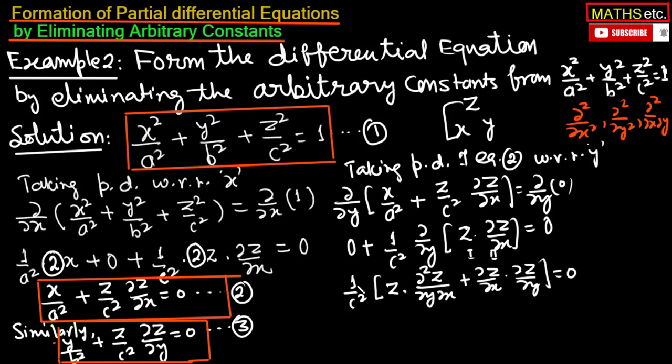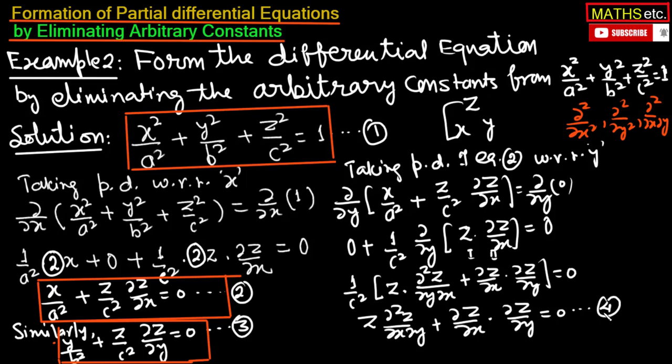Okay, now we multiply throughout by c square, and this becomes z del square z over del x del y. We know that in mixed derivative in general the order does not matter, and plus del z over del x multiplied by del z over del y equals 0. This is our equation number 4.